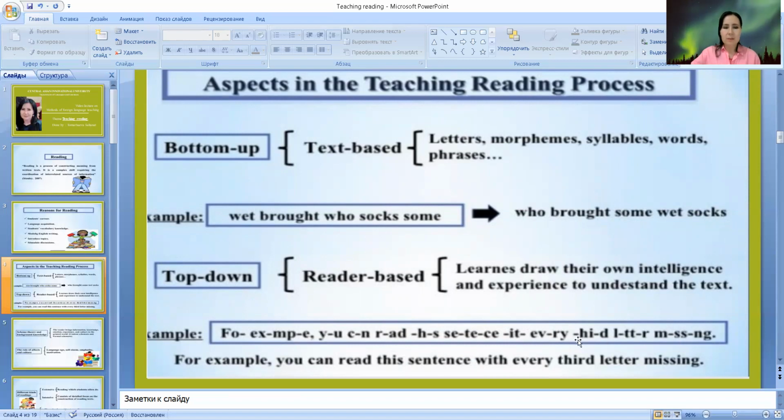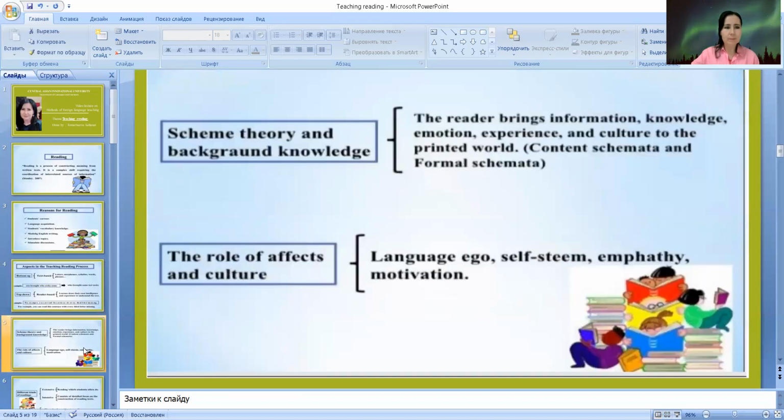I think it's understandable for you. Next, schemata and background knowledge. Here we can see the reader brings information, knowledge, emotion, experience, and culture to the printed word: content schemata and formal schemata.